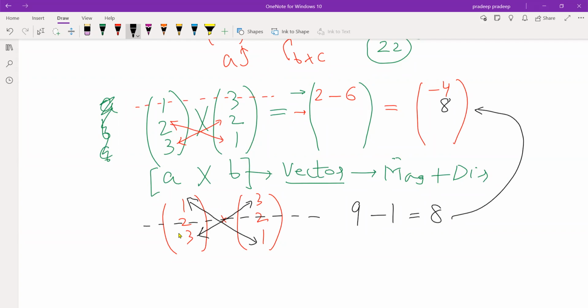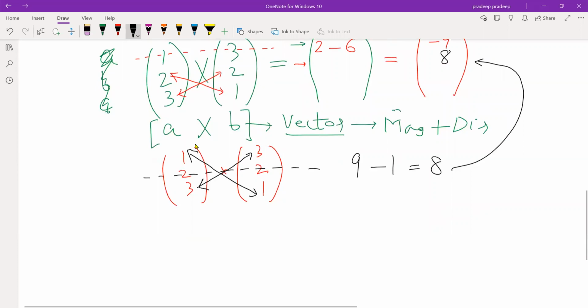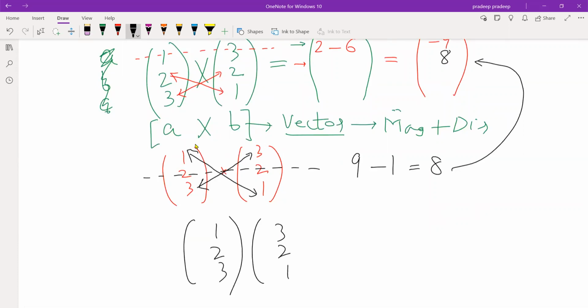Similarly, for the z component, let me write down the vectors again. So 1, 2, 3, and 3, 2, 1. Now for the z component, all we need to do is ignore the z components of the original two vectors and consider the x and y components. So the cross will go like this. 1 into 2 is 2.